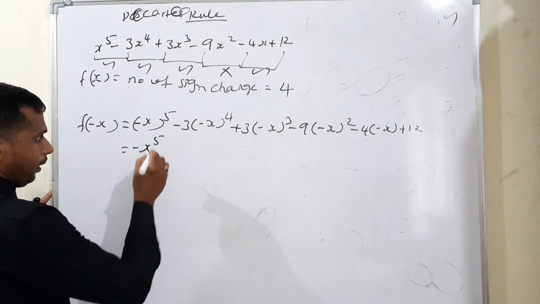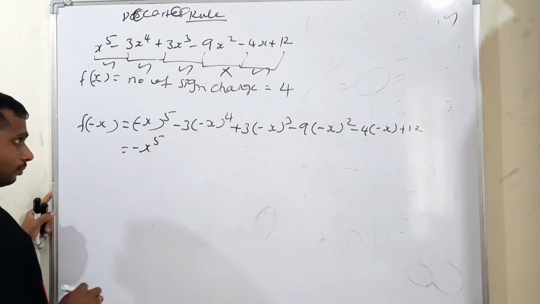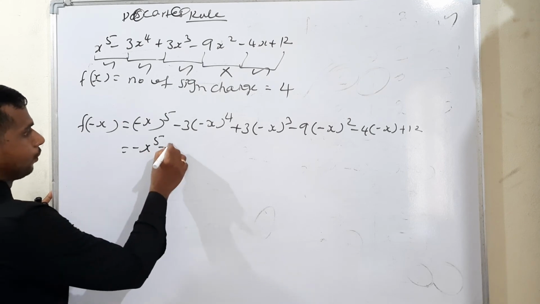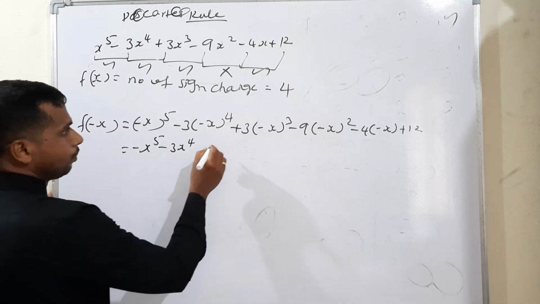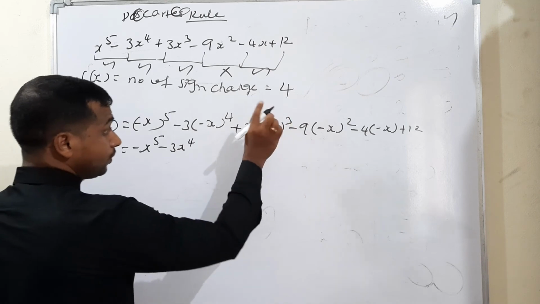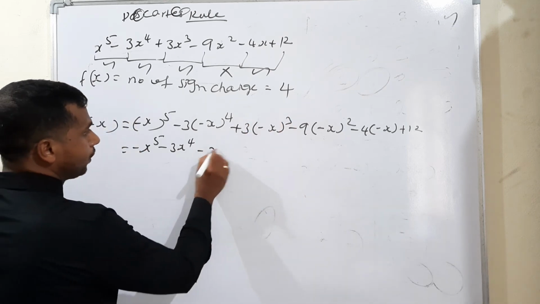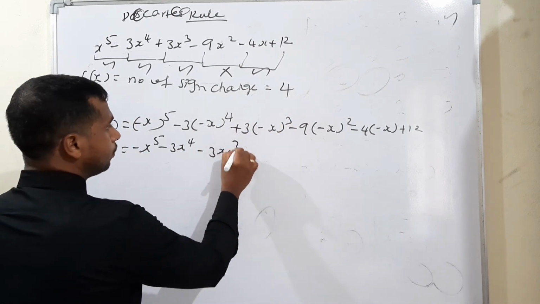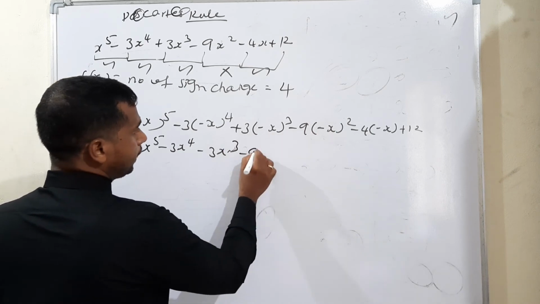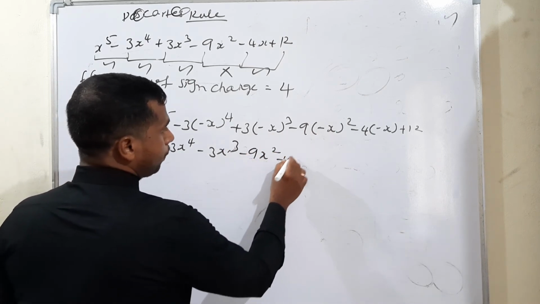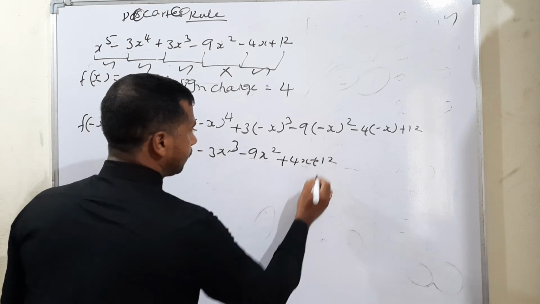Negative x to the power 5, then power 4 converts negative to positive, therefore negative 3x to the power 4. The next power is odd, therefore we can write it as negative 3x cube. Next one, minus 9x square, positive 4x plus 12, isn't it?